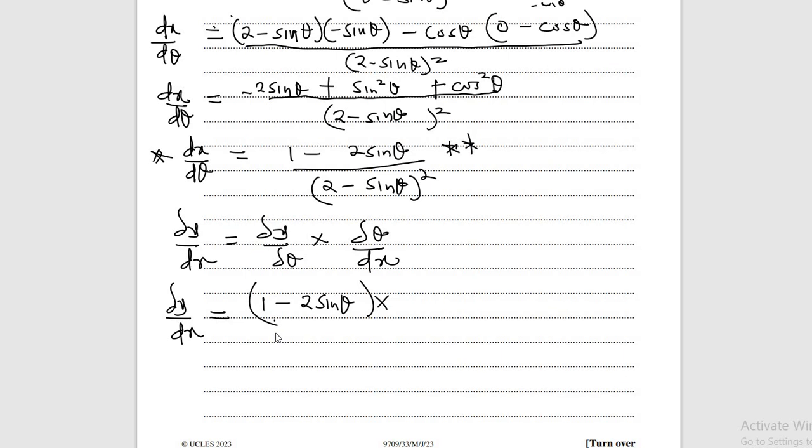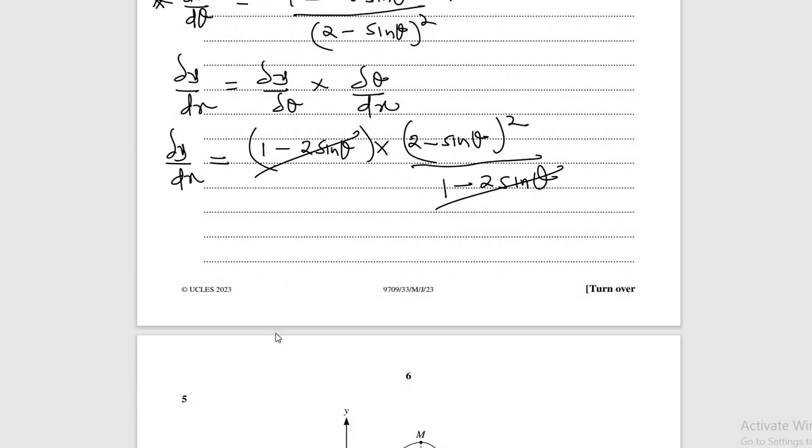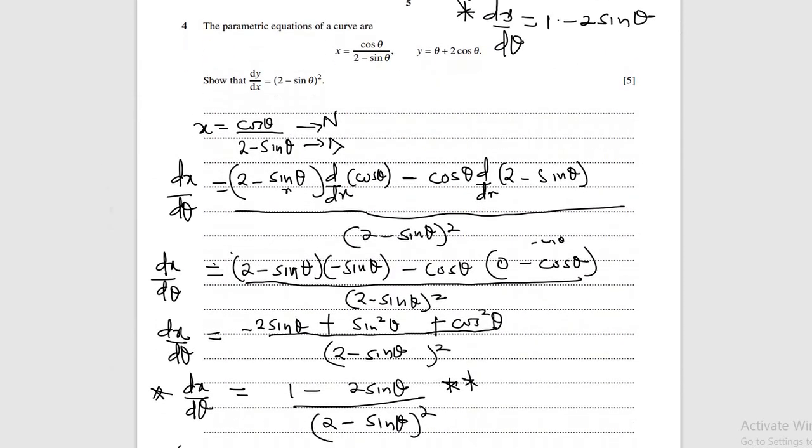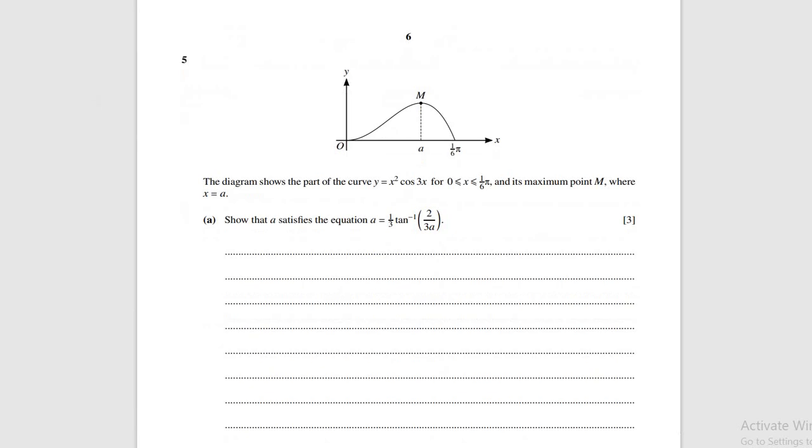So this one is dx by d theta. d theta by dx will be 2 minus sine theta all squared over 1 minus 2 sine theta, which can cancel out. So at the end of the day, what is left for dy by dx? dy by dx will be 2 minus sine theta all squared. I think that's what they asked us to prove. Yeah, dy by dx is 2 minus sine theta all squared. Question 5.